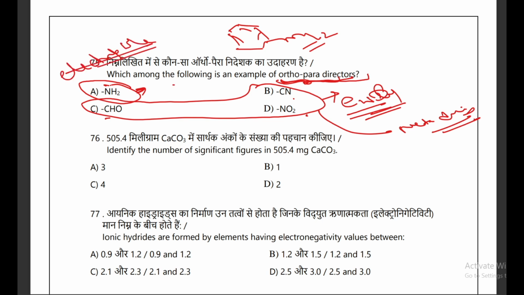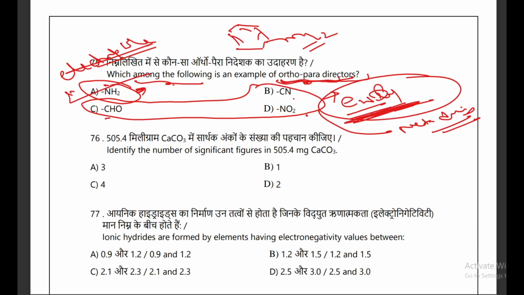So you have to give your answer according to the electrophile, because the other three options are providing you electron withdrawing groups. So in this question your correct answer is A.